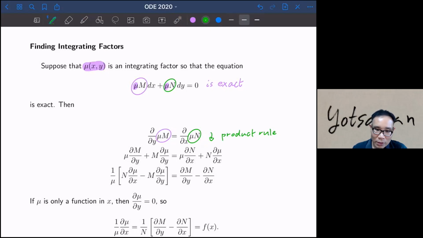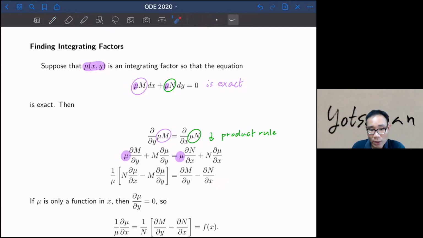And then you're gonna simplify, you have mu on the same side. So you're gonna gather mu on the same side, the terms without mu on the other side. And after simplification, you're gonna divide the whole thing by mu, so you divide also the whole thing by 1 over mu. And this will be giving you this equation.